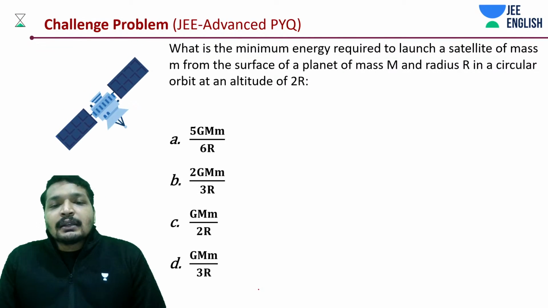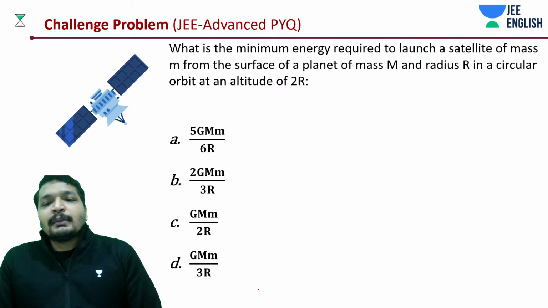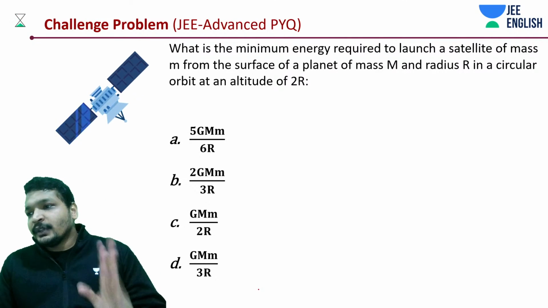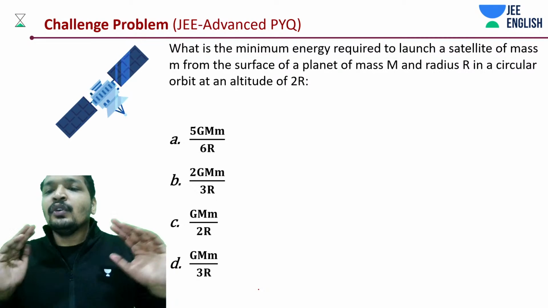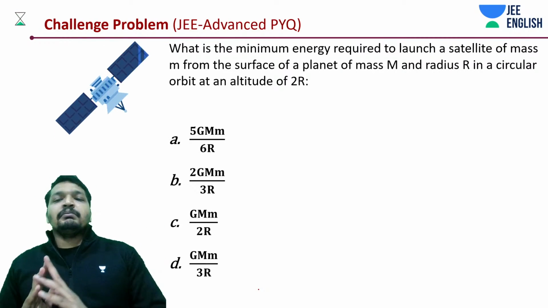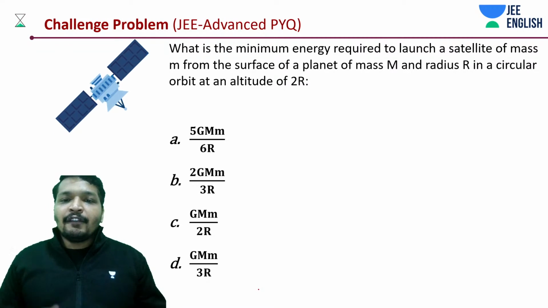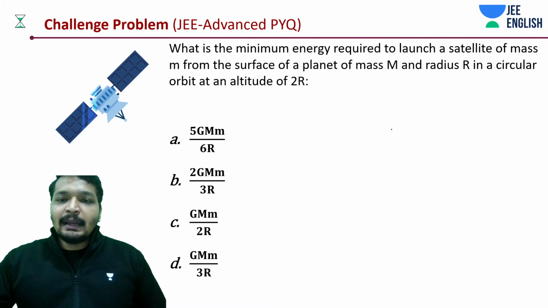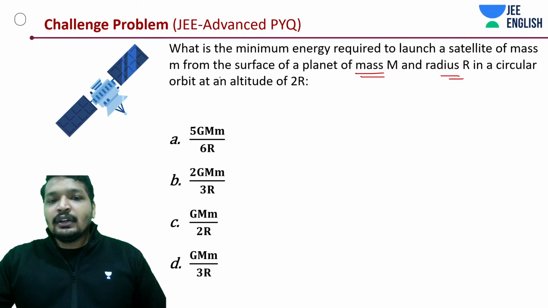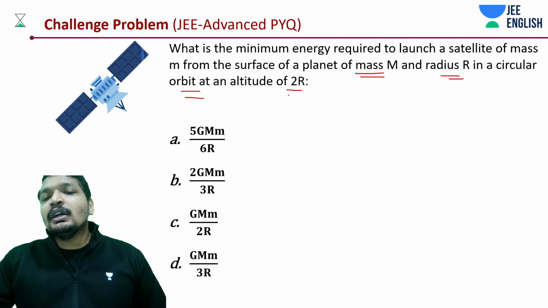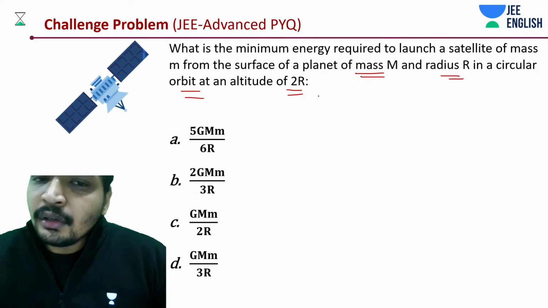I don't think anything more is left, but let me tell you, this is also a simple 2 minutes question. We are going to solve this in 2 minutes. What is the minimum energy required to launch a satellite of mass m from the surface of the planet of mass M, of radius r, in a circular orbit at an altitude 2r?